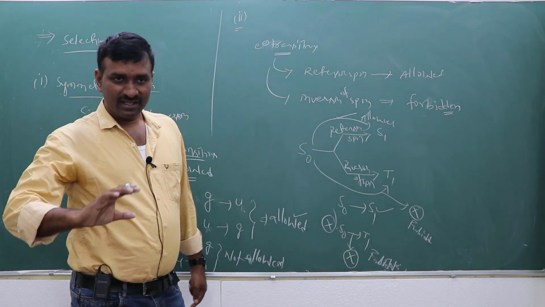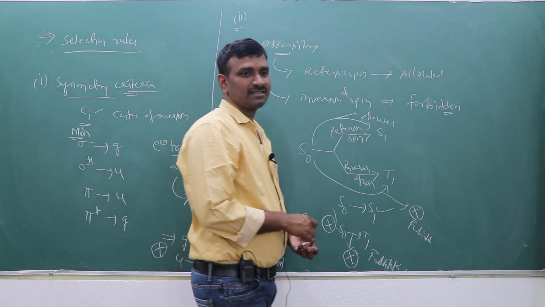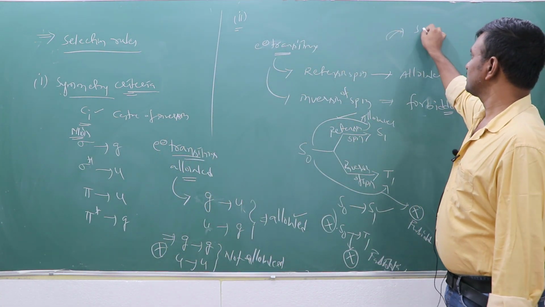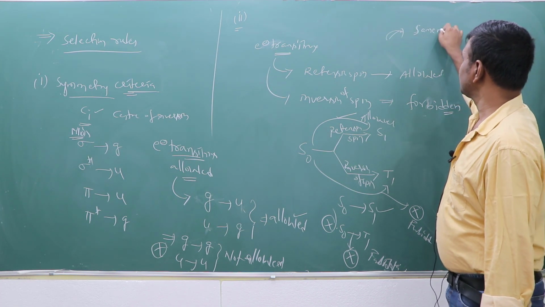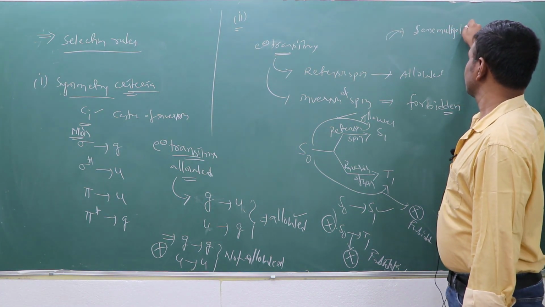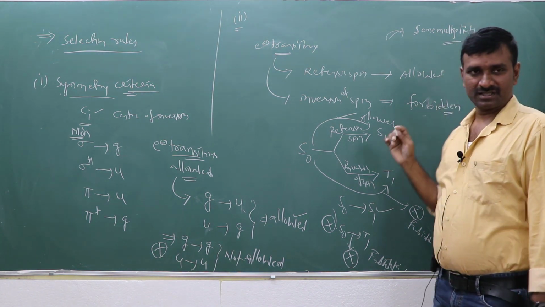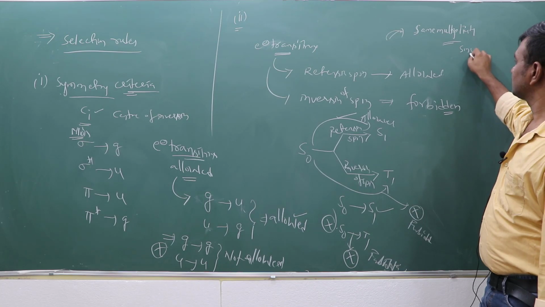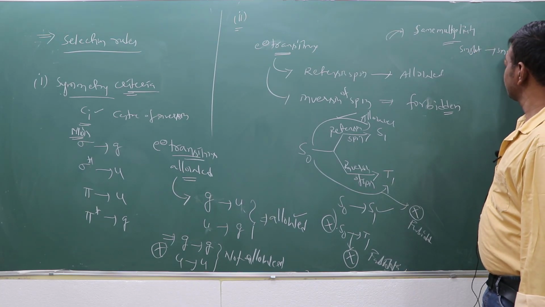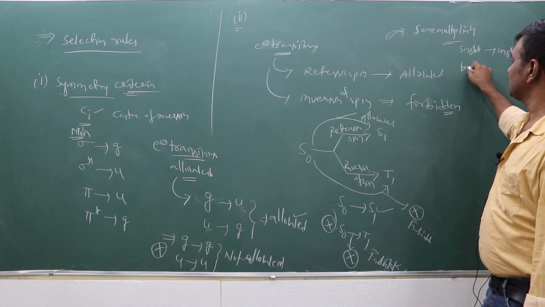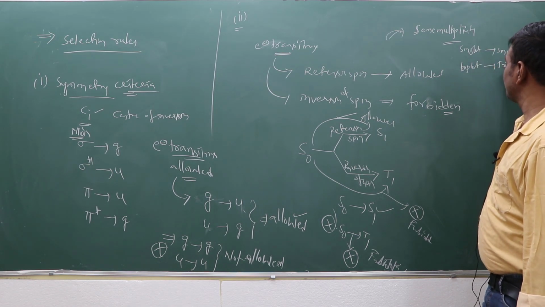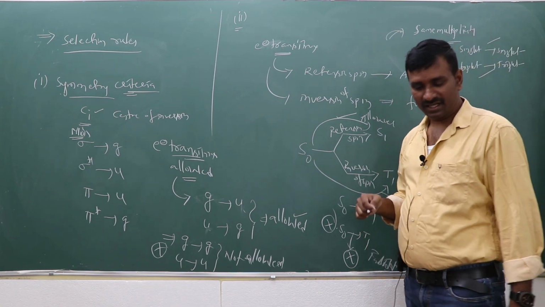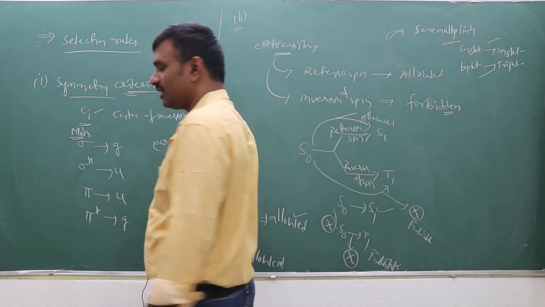That means having the same spin multiplicity is allowed: singlet to singlet and triplet to triplet only will be allowed transitions. Singlet to triplet and triplet to singlet are not going to be allowed transitions.